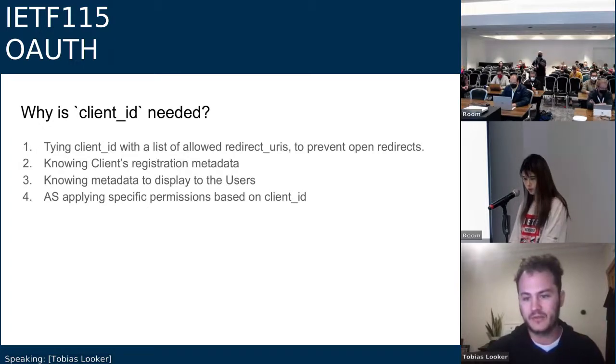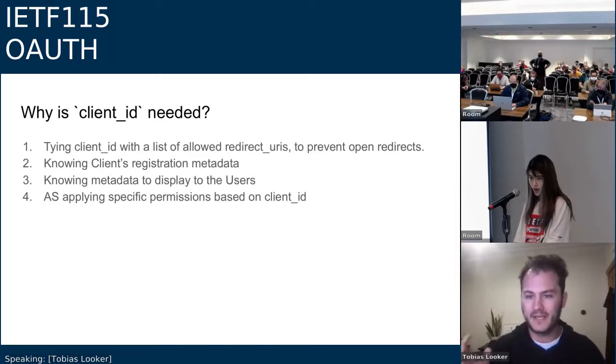I also believe, with the comment that Aaron made, that the lowest level here shouldn't be focused on third-party attestations about the client, but just on how the client has a metadata document, how it can be resolved, and how those rules work in OAuth 2.